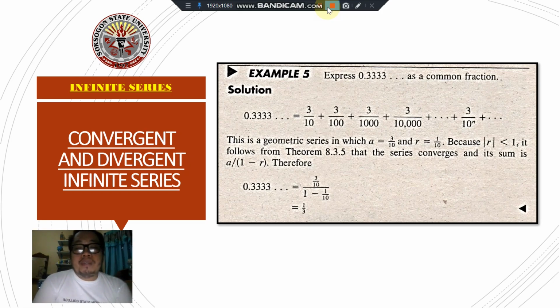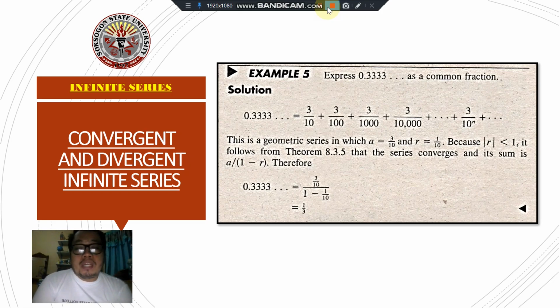And its sum is A over 1 minus R. So, substituting A with 3 over 10 and R with 1 over 10, that becomes 1/3.